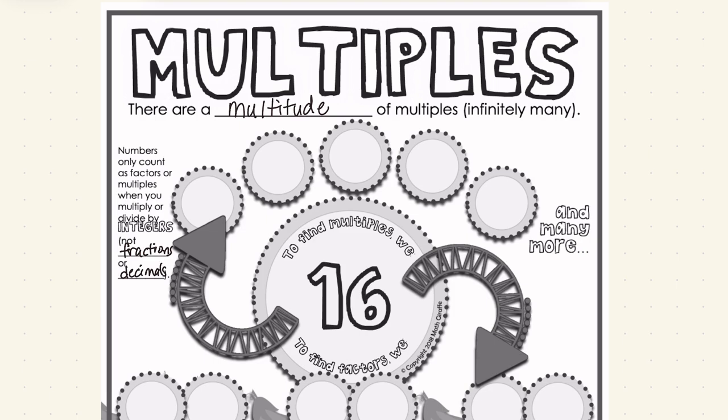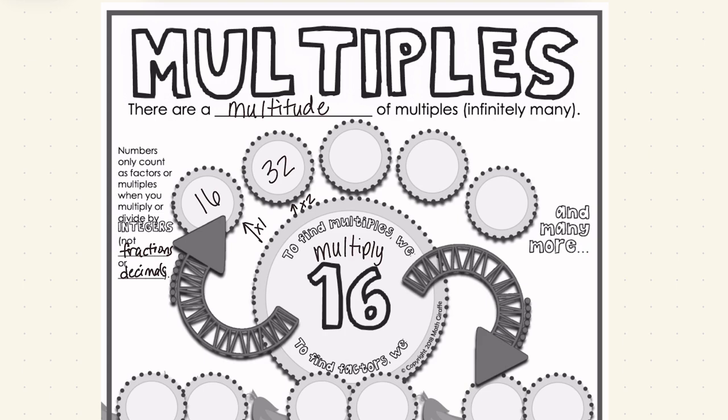So for multiples, I'm going to multiply 16 by different numbers to get some multiples. If I multiply 16 times 1, I get 16. So therefore 16 is a multiple of 16. If I multiply by 2, I get 32 because 16 times 2 is 32.